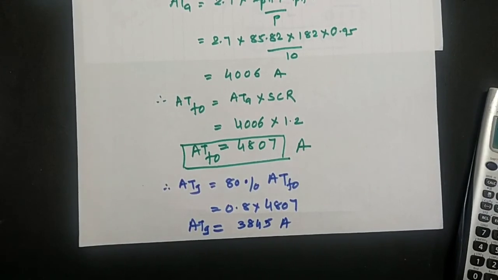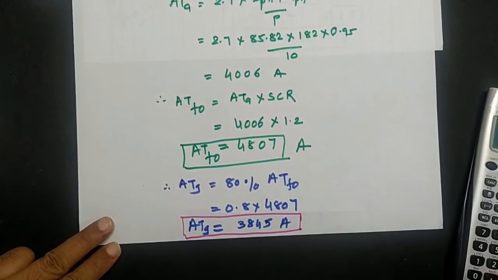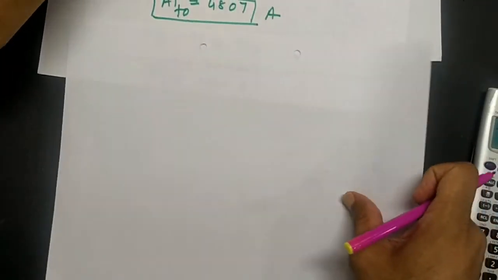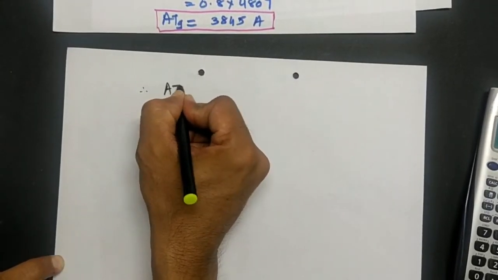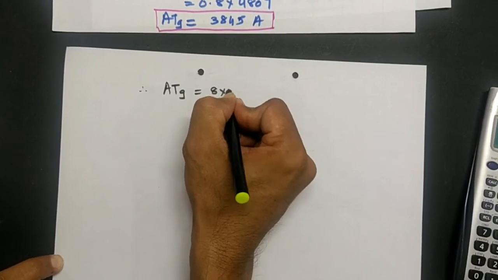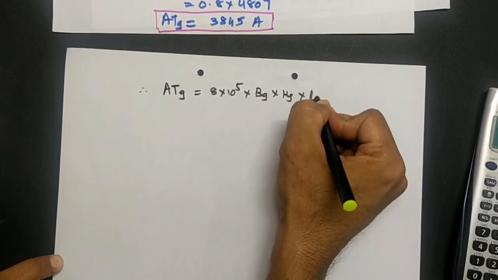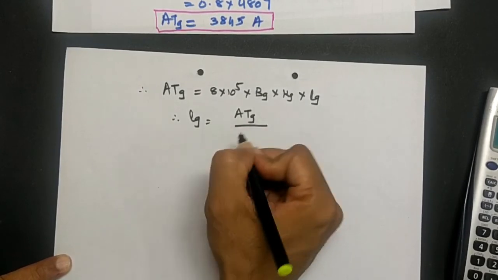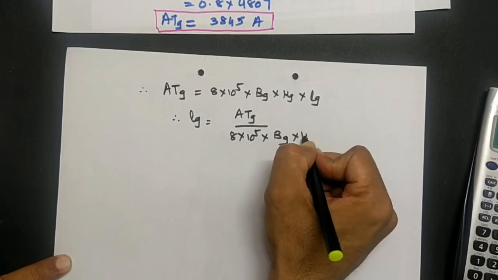Now we only have to substitute this value in our equation: ATG is 8 multiplied by 10 raised to 5 multiplied by Bg multiplied by Kg multiplied by Lg, and therefore Lg is equal to ATG divided by 8 multiplied by 10 raised to 5 multiplied by Bg and multiplied by Kg.